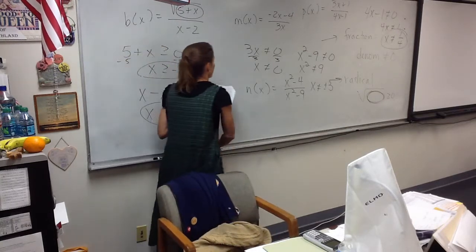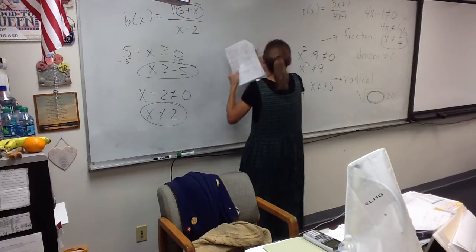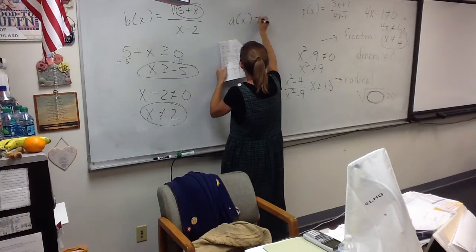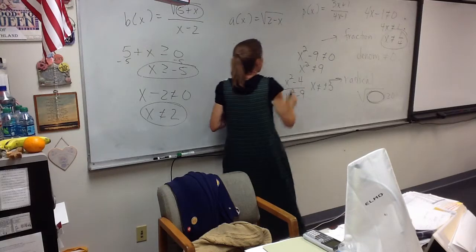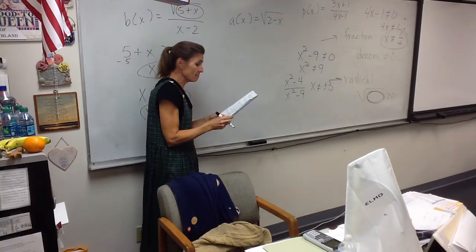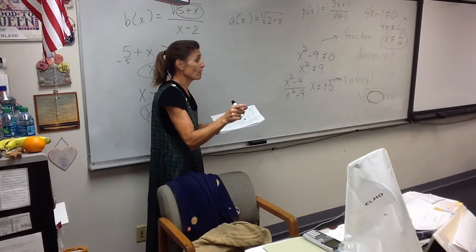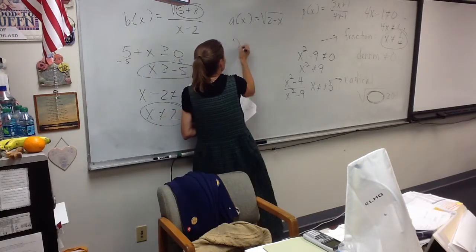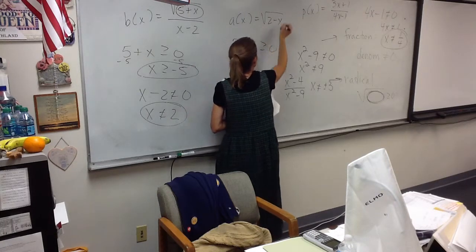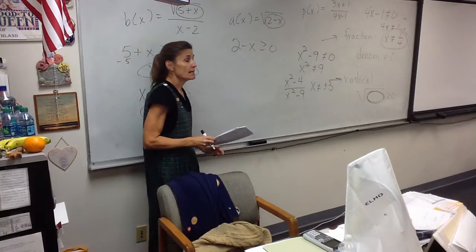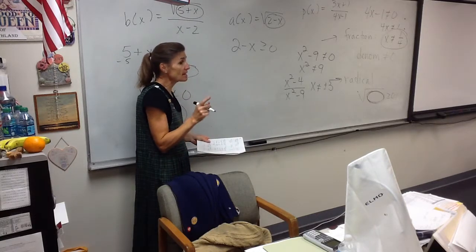Okay, I. This one's kind of tricky. What do I have to worry about in question I? I have a radical. Yeah, you're ahead of this, Brooke. You're right. I have a radical, and whatever is under the radical has to be bigger than or equal to 0. Pay attention.